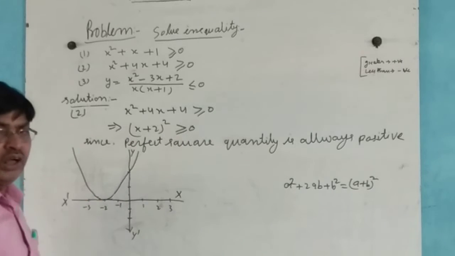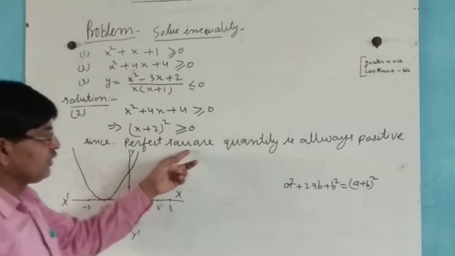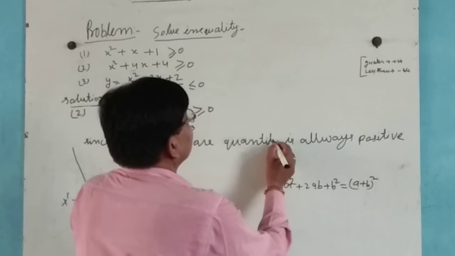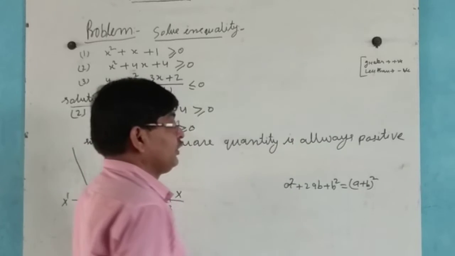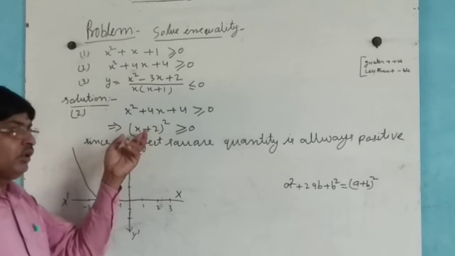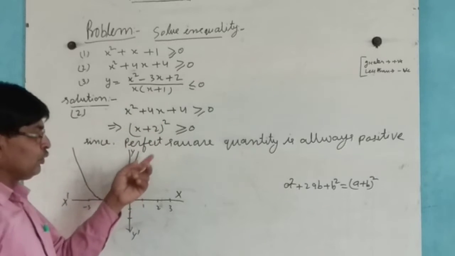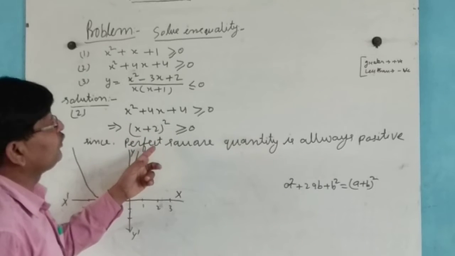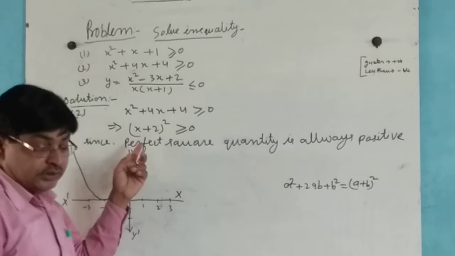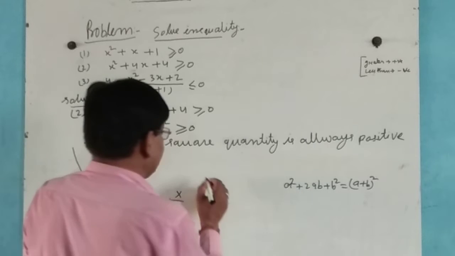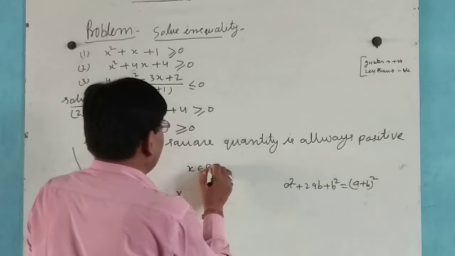Since we know that a perfect square quantity is always non-negative, because if a quantity is negative then its square is also positive, this is always non-negative. It means that x belongs to R.